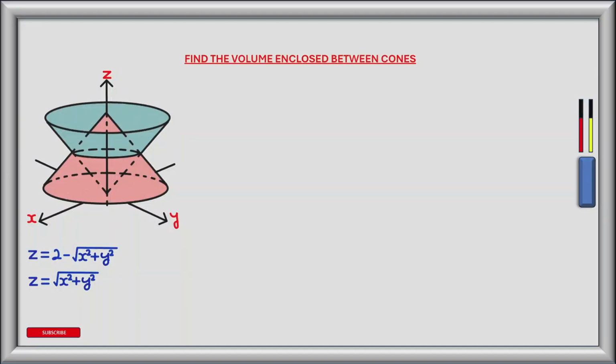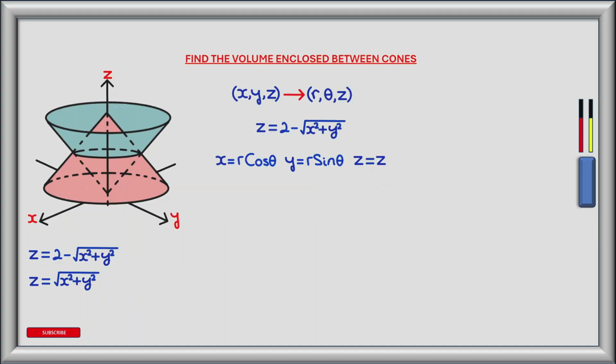Our first step in finding the volume is to convert the Cartesian equations of both cones into cylindrical form. The red cone has Cartesian equation z equals 2 minus the square root of x squared plus y squared. We need to convert the x, y and z into r, theta and z. To do this, we substitute r cos theta for x, r sin theta for y, and z will remain the same, so z equals z.